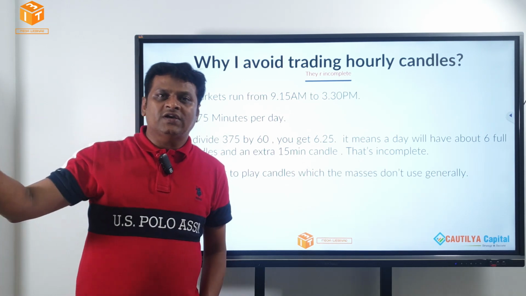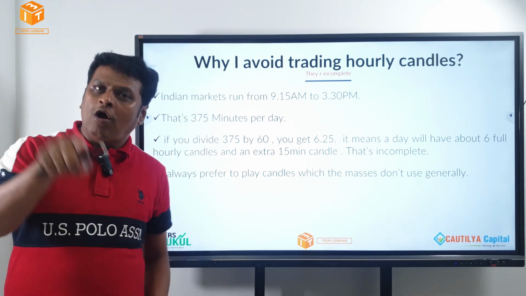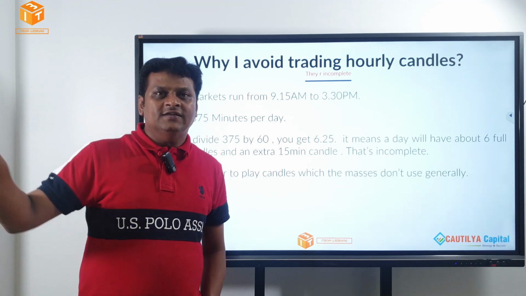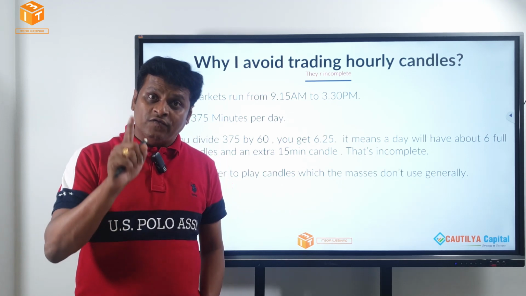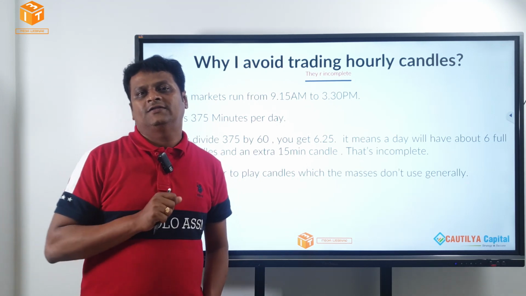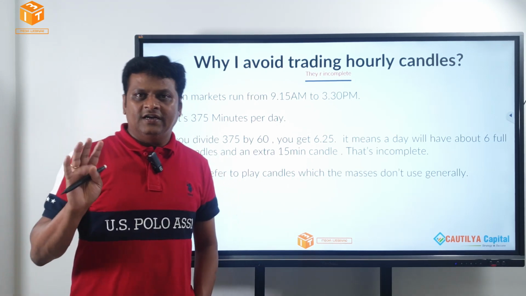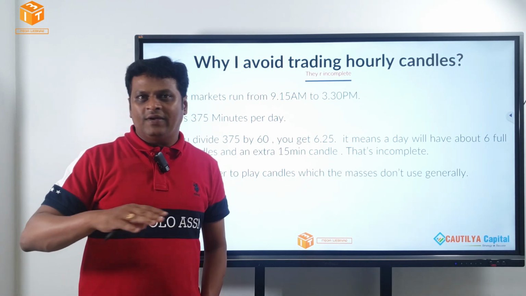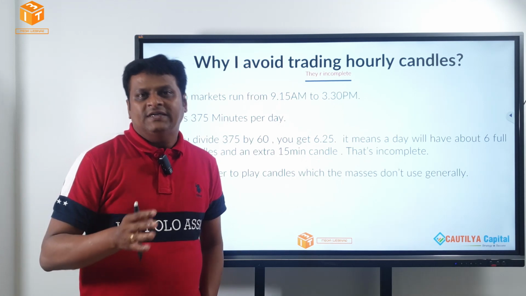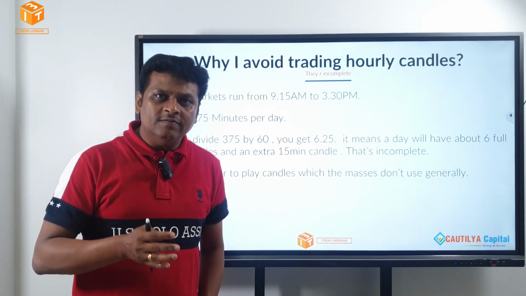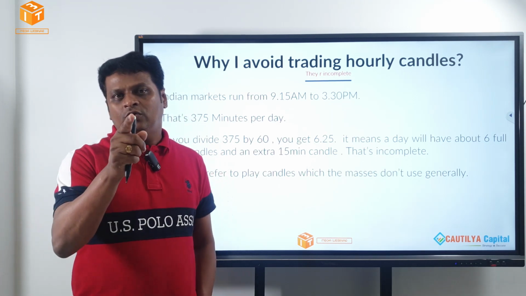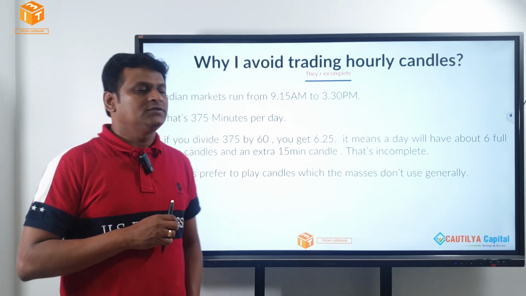That is why you need to use 7 minutes, 9 minutes, 17 minutes, not because they are secret formulas, but because they are less used, and the probability of you being caught in an institutional trap is comparatively less. I am not telling you they are secret indicators and you will make a fortune. No. All I am telling you is it is not mass mentality. Wherever there is herd mentality, mass mentality, you should stay away from them. At least you will not hit your stop loss.